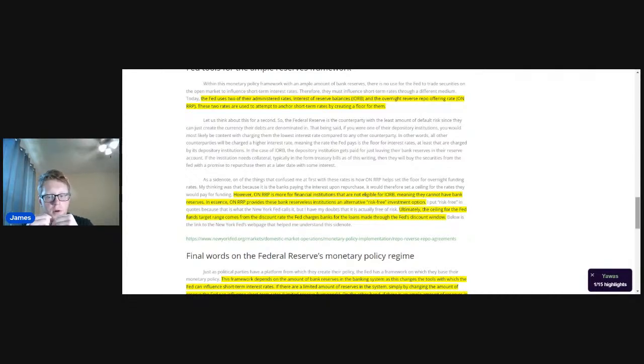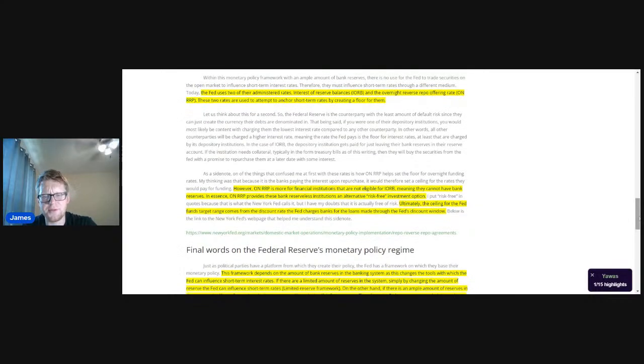However, overnight reverse repo is more for financial institutions that aren't able or are ineligible to hold interest on reserves, right? Or they're ineligible to have bank reserves, right? And so basically, this was the Fed's way of providing kind of a risk-free investment option for institutions that can't hold bank reserves.